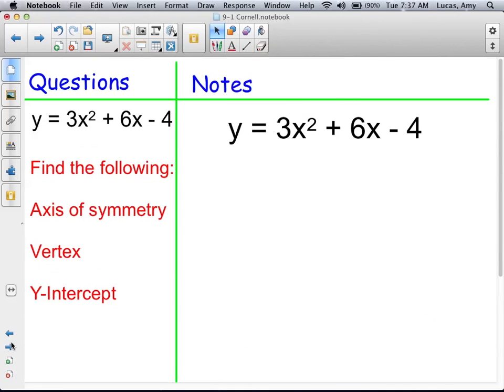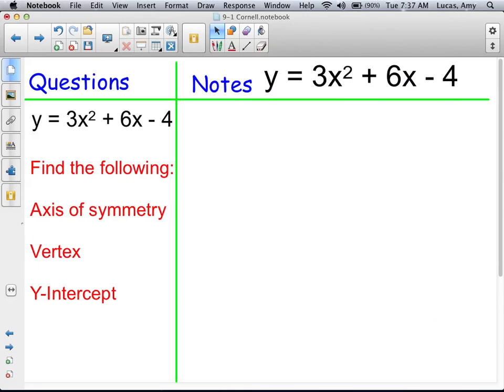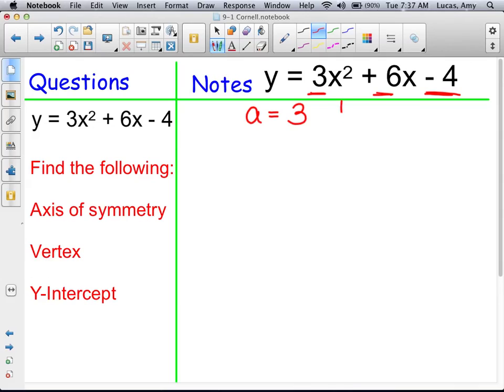Now, from an equation, we are going to identify A, B, and C. A is 3, B is 6, C is negative 4. Because they're all on the same side, we're ready to go. My axis of symmetry formula says x equals the opposite of b over 2a.